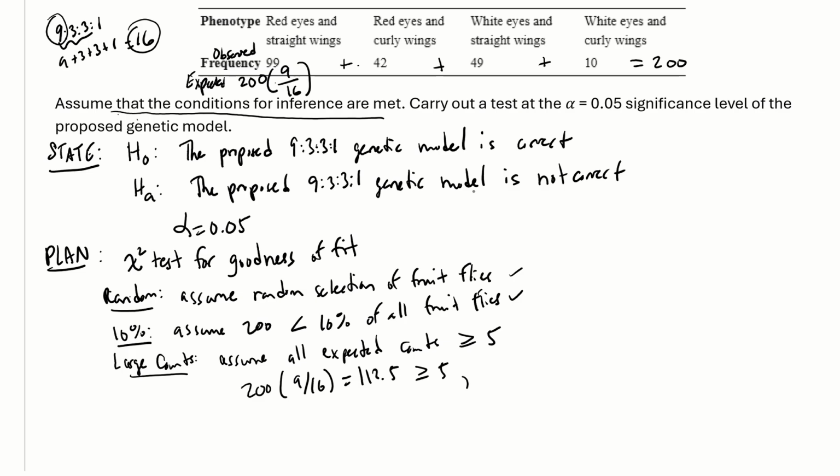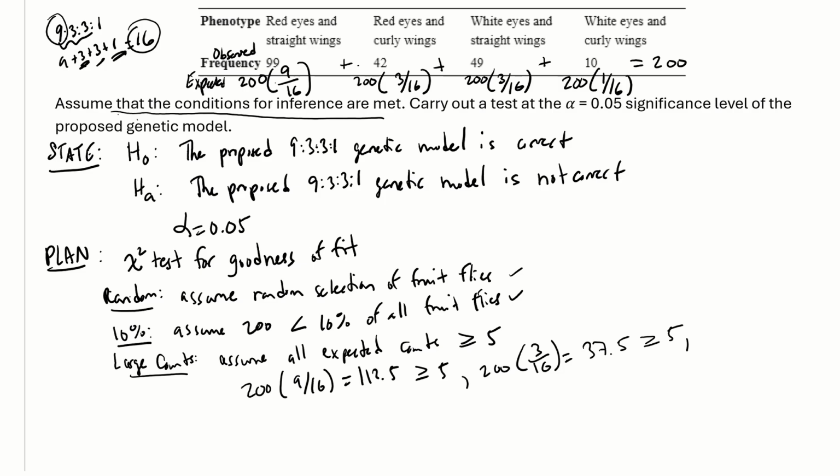And then we'll do the next one. This is 200 times 3/16, because now we're in the 3 part, and the 3 part there. And then this one is 200 times 1/16 because now we're at the 1 part, 9:3:3:1 ratio, right? So 200 times 3/16 is 37.5, greater than or equal to 5.